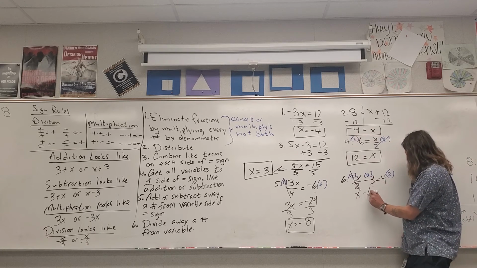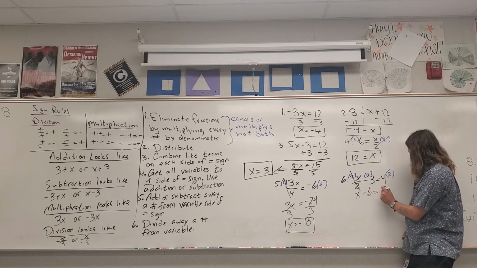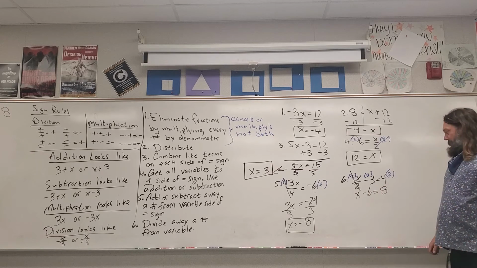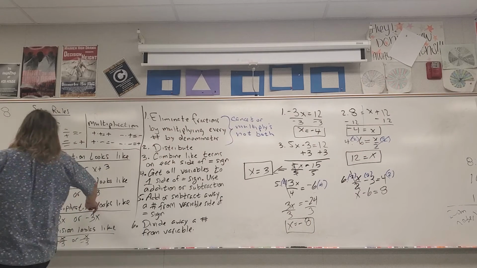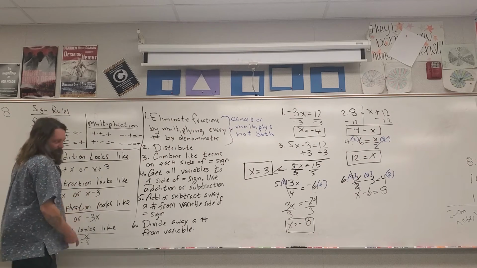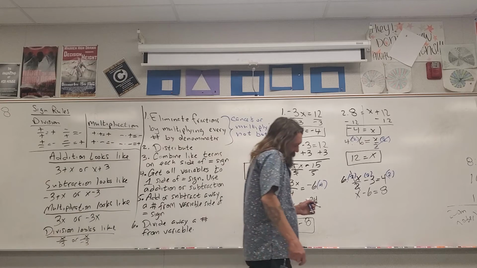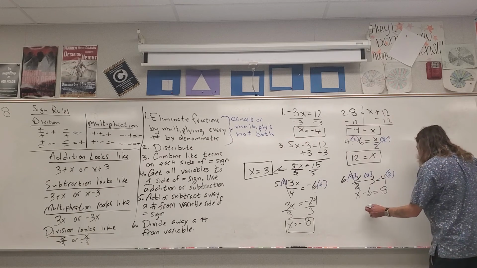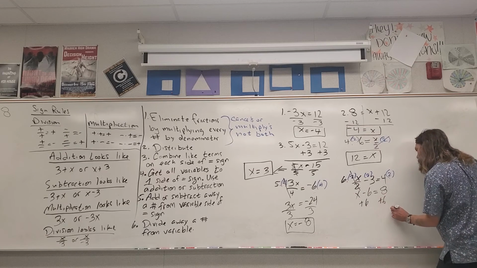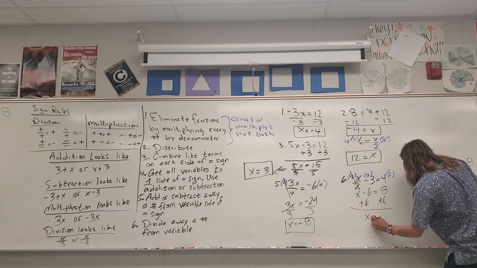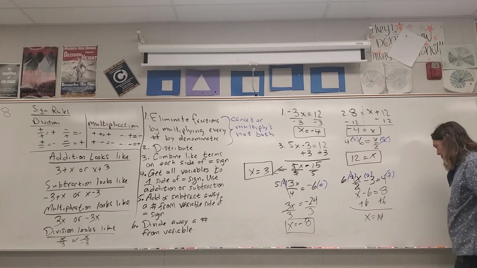These multiply, so I have x minus 6, and that's equal to 8. If I have subtraction, I have to use addition. So I'm going to add the 6 to both sides, keeping my equation balanced. And I get x equals 14.